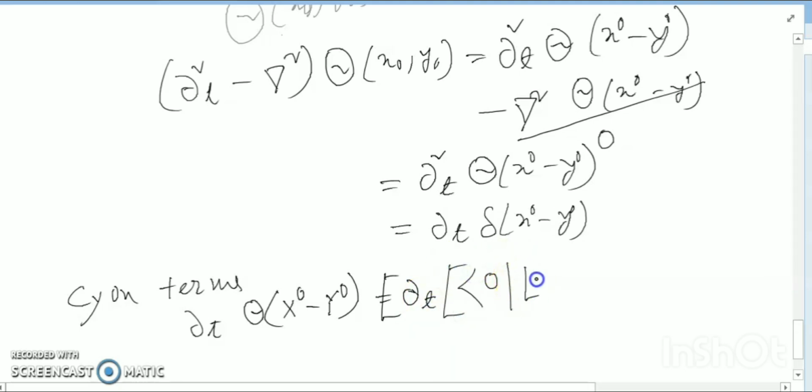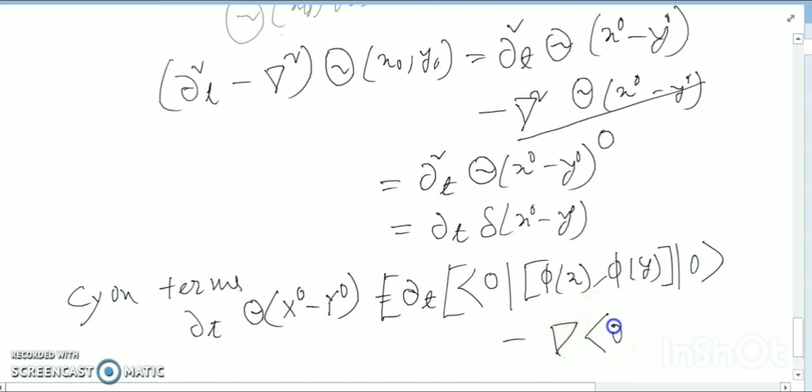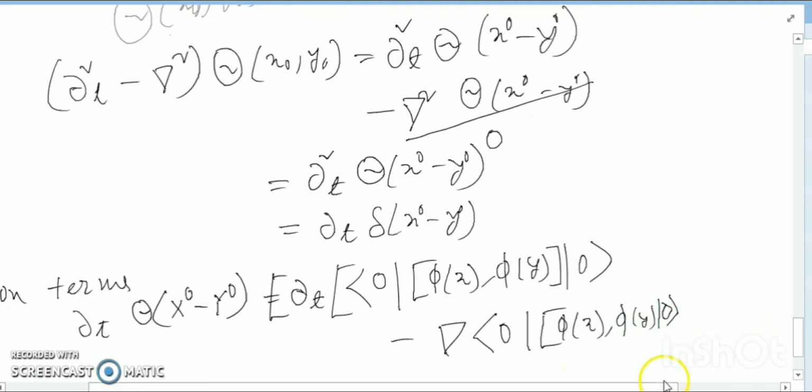This is the vacuum sandwich of phi x, phi y, that is the commutator. So minus del 0 phi x and phi y, 0. Okay, vacuum term.